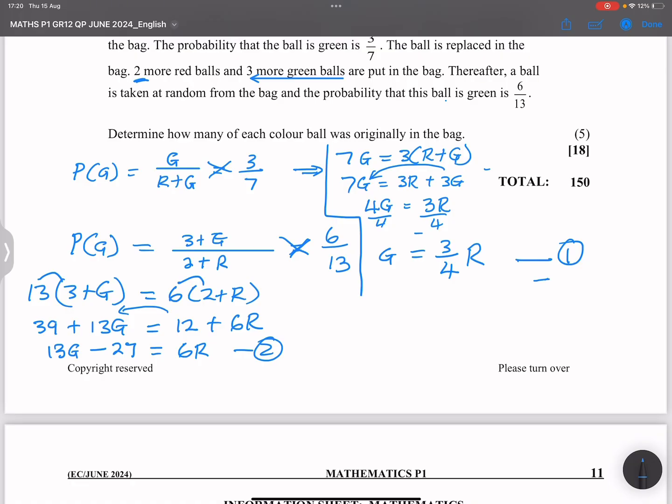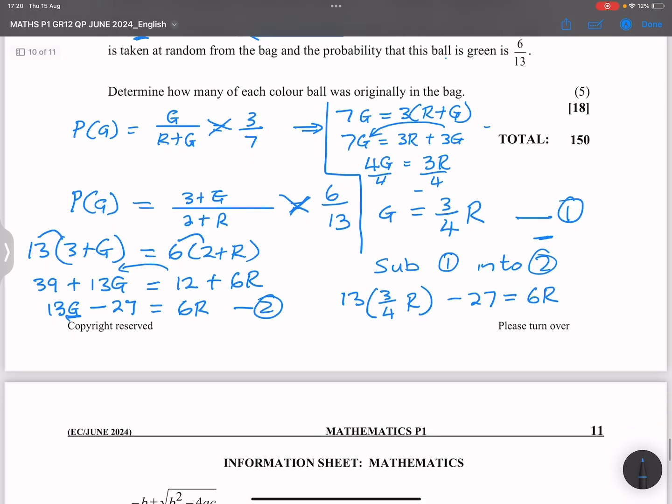Let's substitute equation 1 into equation 2, and so what do we get? Wherever I see g, I'm going to put 3 over 4r. So that means 13 times 3 over 4r minus 27 would give me 6r.